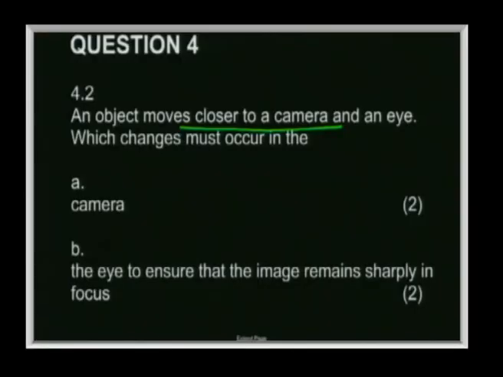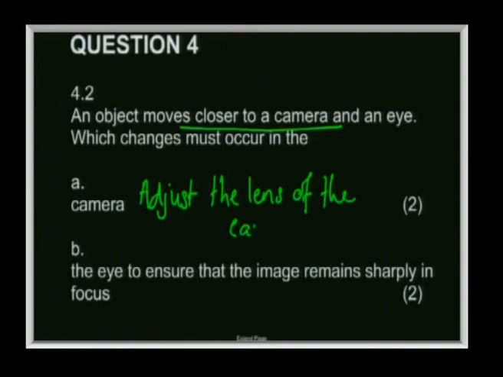So for the camera, you would have to adjust the lens of the camera. Now, fortunately for people like me, some cameras have that autocorrect, so if you bring the object closer, it immediately adjusts itself so that you see a clear image. Some of us are not blessed with photographic talent, and I definitely count myself as one of them.